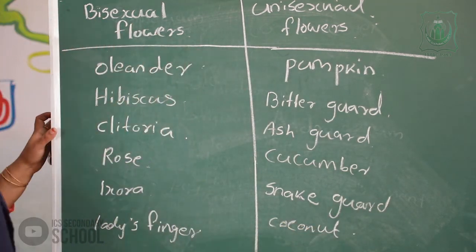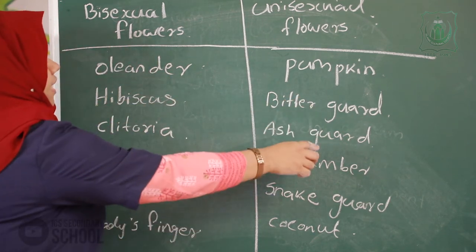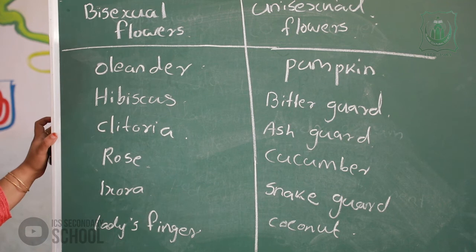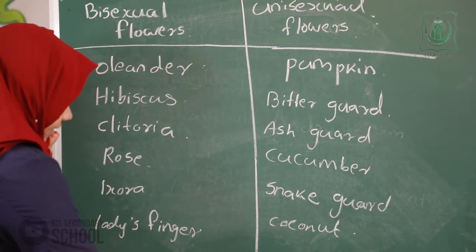Which ones? Unisexual flowers. Pumpkin, bitter gourd, ash gourd, cucumber, snake gourd, and coconut are unisexual flowers.